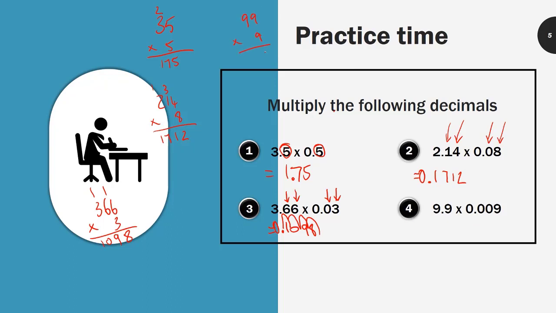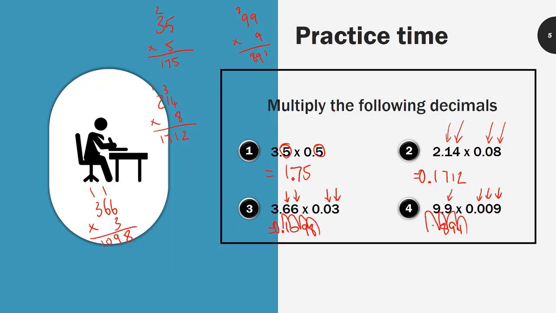Next one, 99 times 9. Okay, 9 nines are 81. Carry the 8. 9 nines are 81. Plus 8 gives me 89. Okay, equals 891. Now here, I've got lots of decimal places. I've got 1, 2, 3, 4. So this one's going to be a little bit different because I'm going to have to actually go 1, 2, 3, 4.